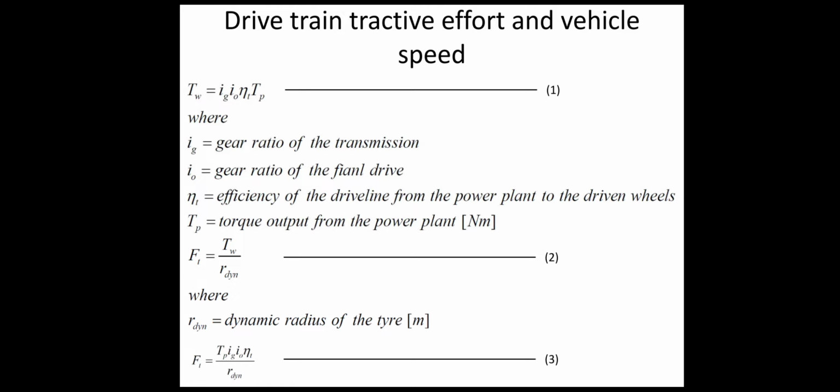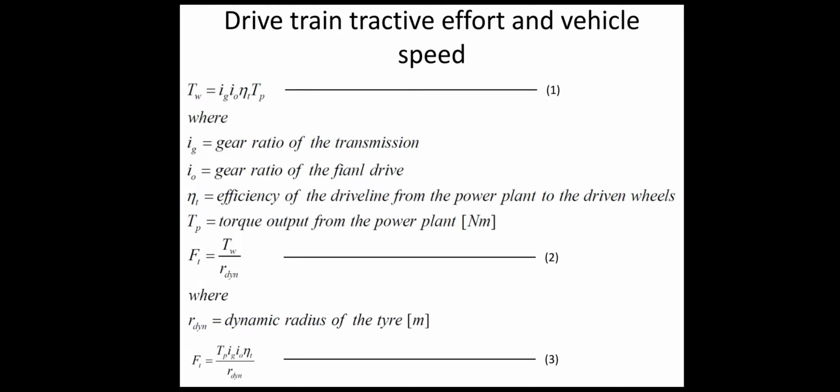Now substituting this Tw from equation 1 into equation 2, we get Ft is equal to Tp Ig Io ηt divided by R dynamic.